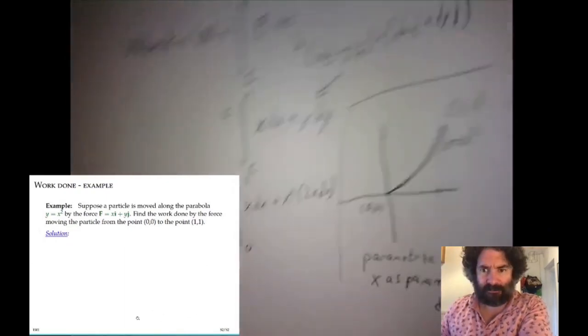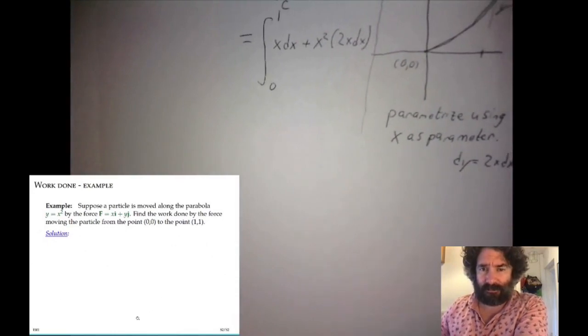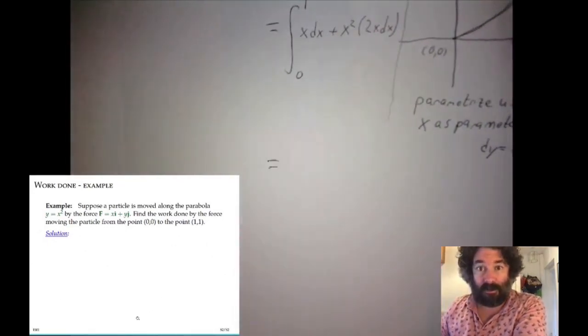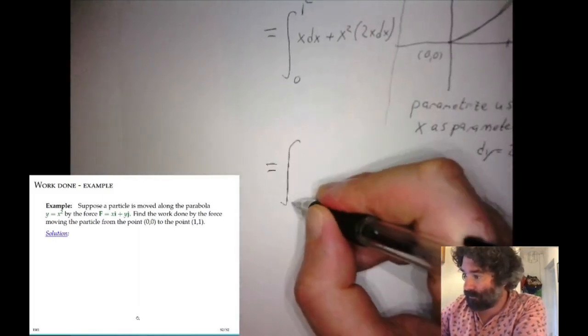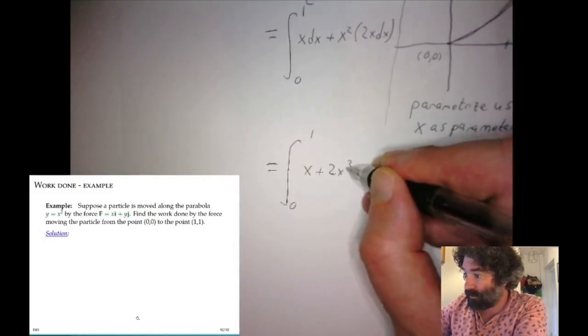Separate this out. So now we can do this line integral. We combine terms together here. It's the integral from 0 to 1 of x plus 2x cubed dx.